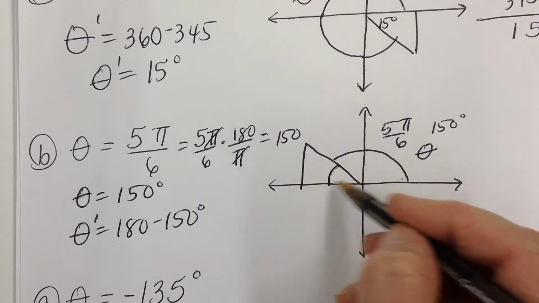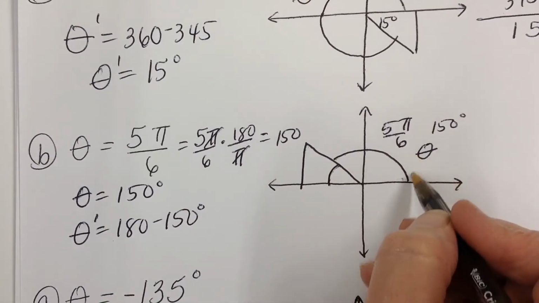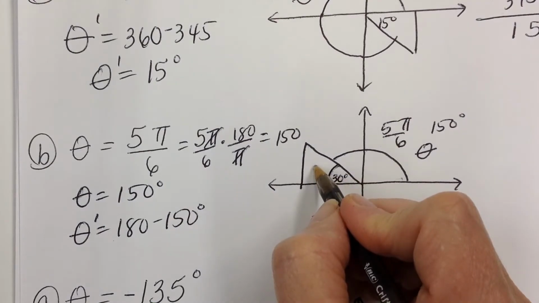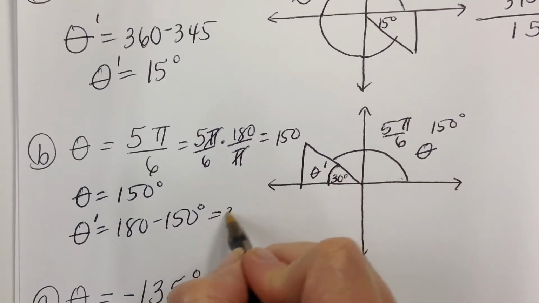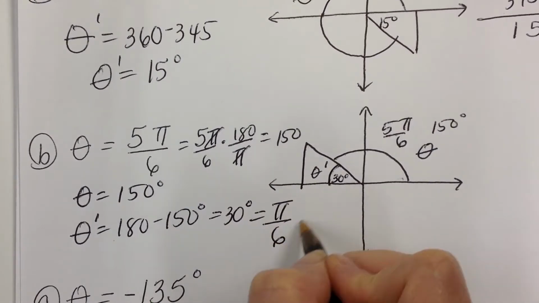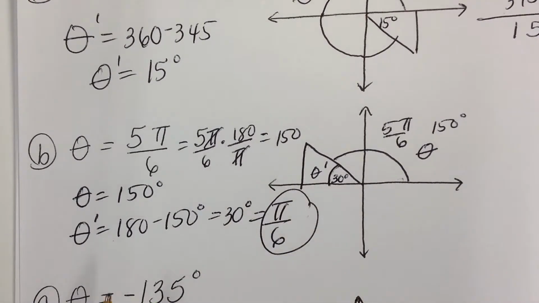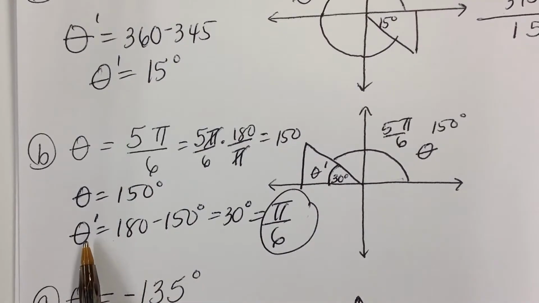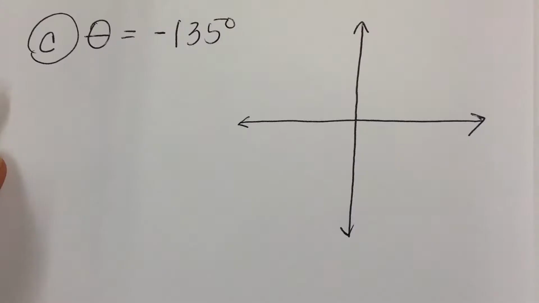Always drawing it back to the x-axis. So 180 minus 150 tells me that's a 30-degree theta prime. And 30 degrees would be pi over 6 in radians. So for 5 pi over 6, your reference angle theta prime is pi over 6.